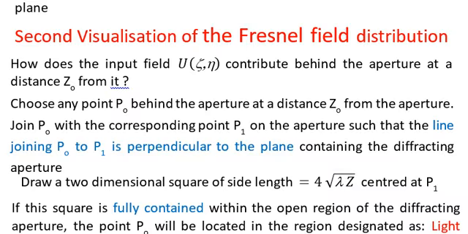P1 is located such that P0 and P1 are at the same height above the z-axis, so that the line joining P0 to P1 is perpendicular to the input plane, that is, perpendicular to the plane containing the diffracting aperture, the zeta eta plane.